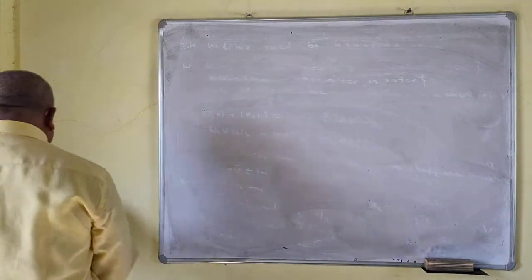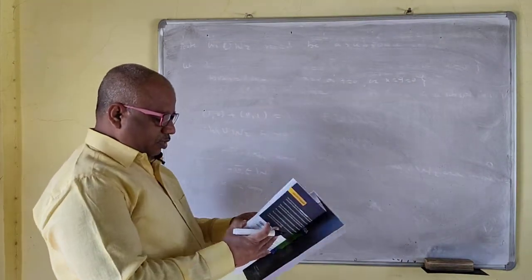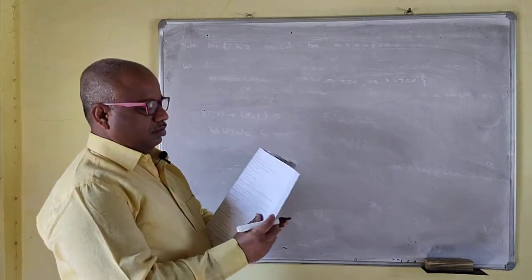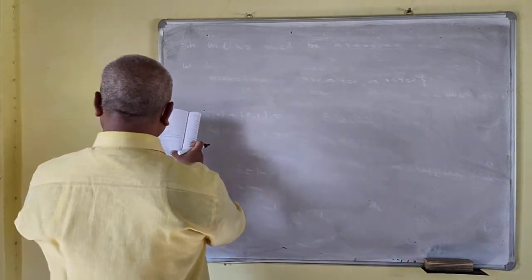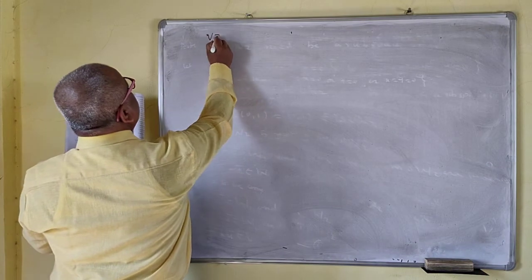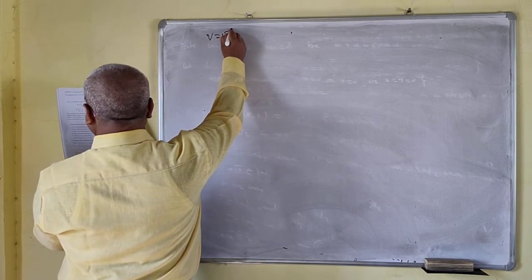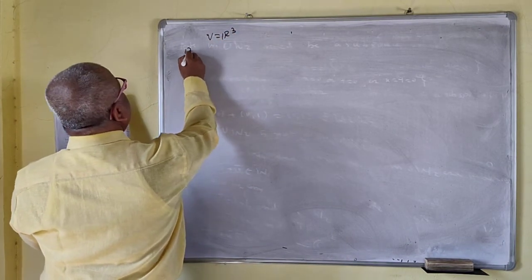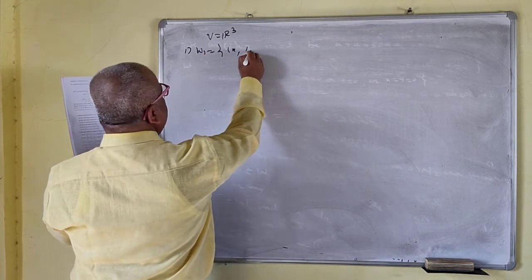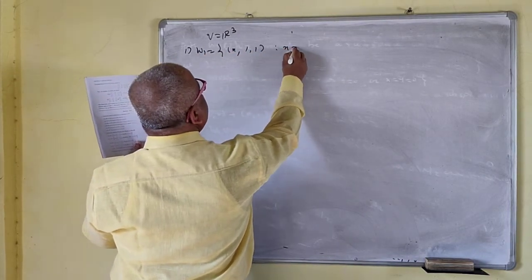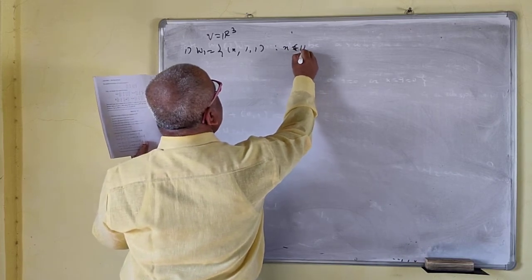Now we see some examples on subspaces. V is equal to R3, we will discuss only R3. W1 is equal to {(x, 1, 1) such that x belongs to R}.